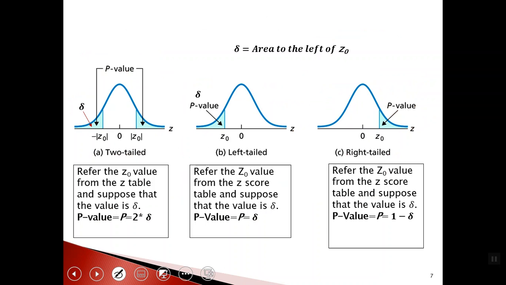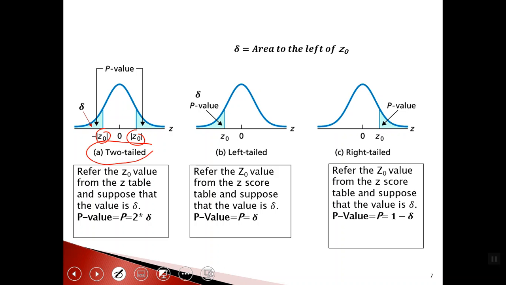Okay, let's see how we do this p-value approach to accomplish our hypothesis testing. As I mentioned in the previous slide, if I consider a two-tailed test, you have two calculated C values, right?